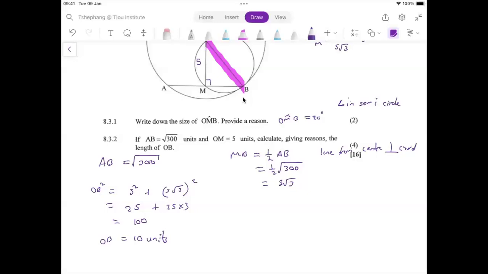So if your reason is midpoint, is it fine? Yeah, midpoint is very vague. Give me something more than just saying midpoint. Midpoint does not necessarily mean anything. What's midpoint? So we need you to be more specific, please.